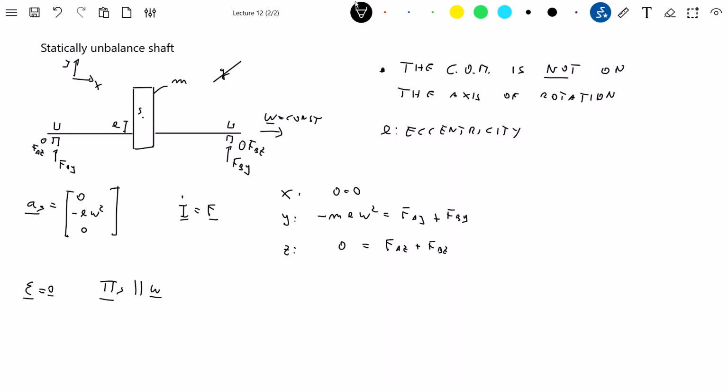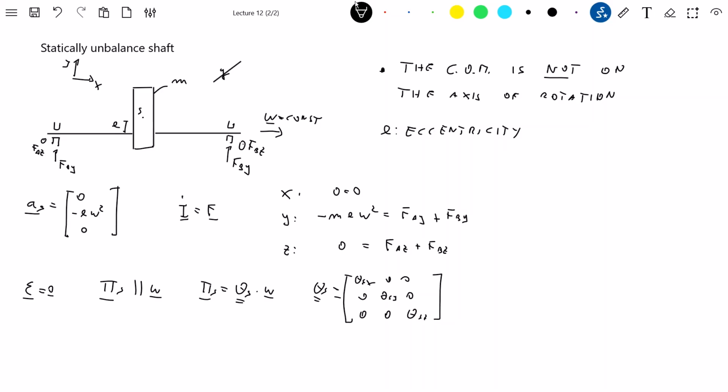So when we compute pi_S, we will have that pi_S is equal to theta_S times omega, and since theta_S has this shape, we have theta_Sx 0 0, 0 theta_Sy 0, 0 0 theta_Sz.